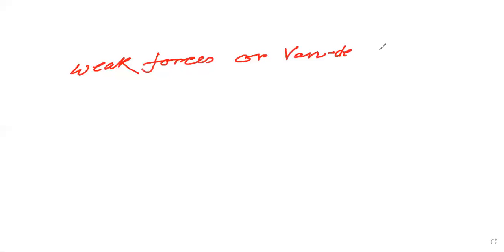Now, before beginning the chapter, to learn how the state comes about and how we will learn about the gaseous state in this chapter, we have to discuss some weak forces, or Van der Waals forces.